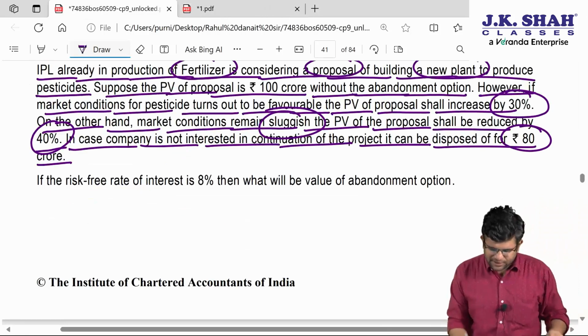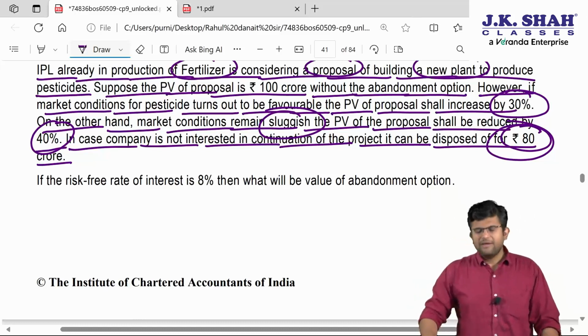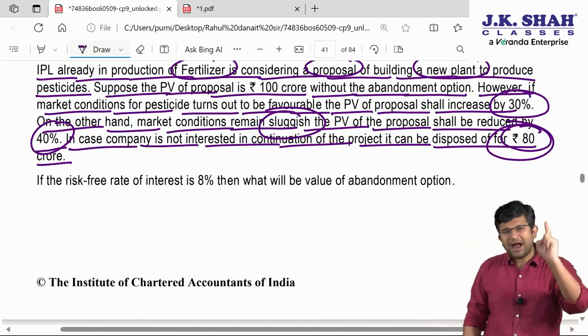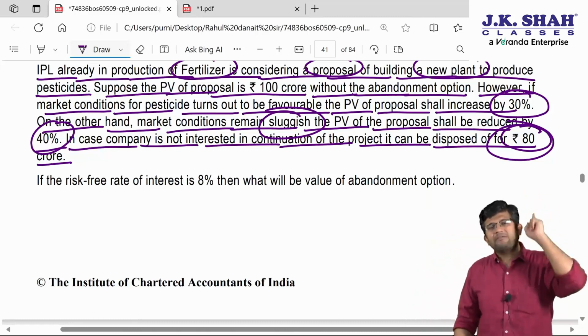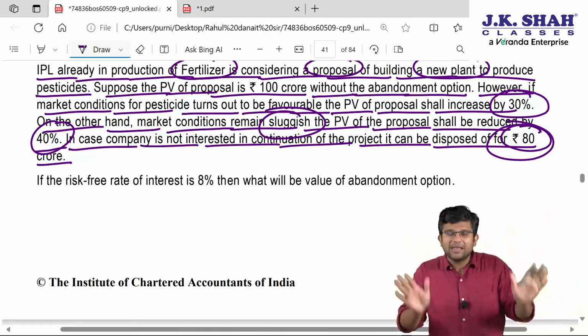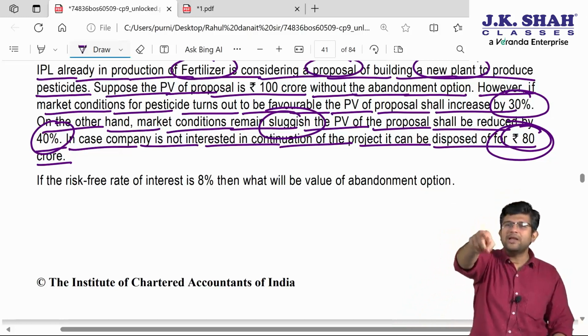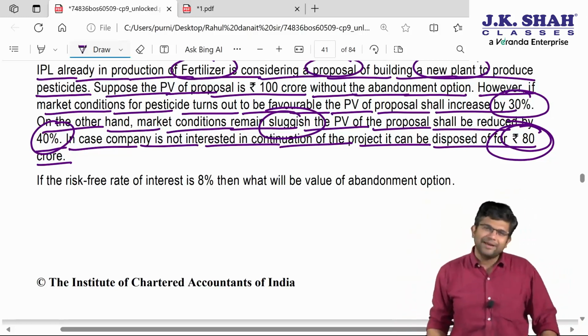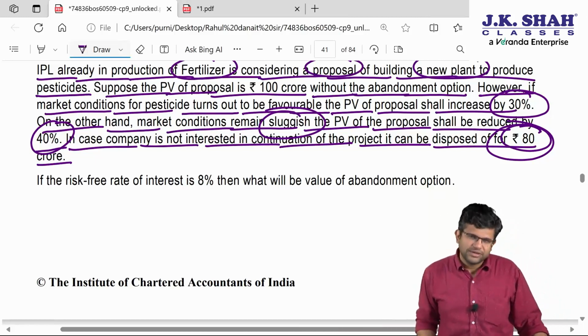They are saying that in case you abandon, you can dispose it off for 80 crores, which means, children, you have a right to abandon the project for 80 crores. You have a right to sell the project for 80 crores. Can I say you are right now, knowingly or unknowingly, holding a put option, a right to sell?